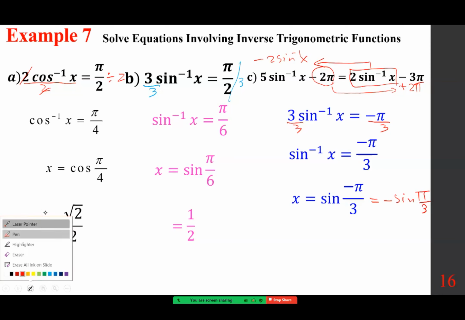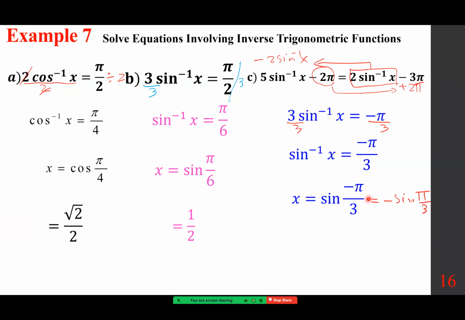Either use that, or you may know the sine of pi over 3 is square root of 3 over 2, and the negative makes it negative square root of 3 over 2, because in the fourth quadrant, sine is negative. So minus the square root of 3 over 2 by any means.